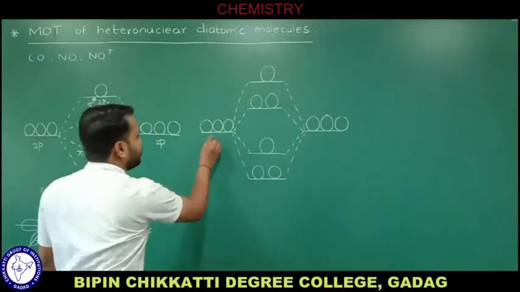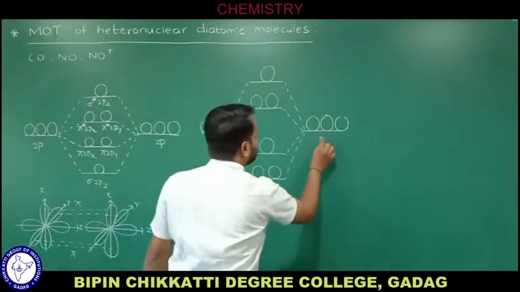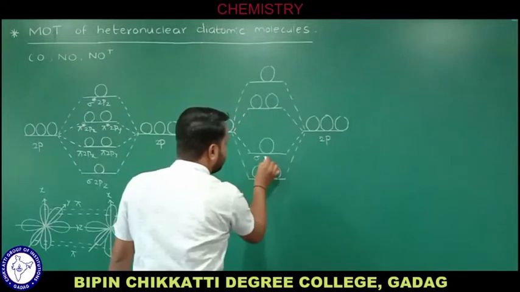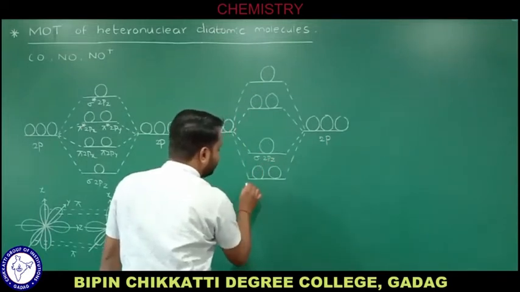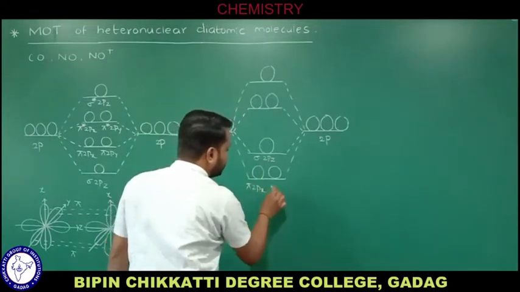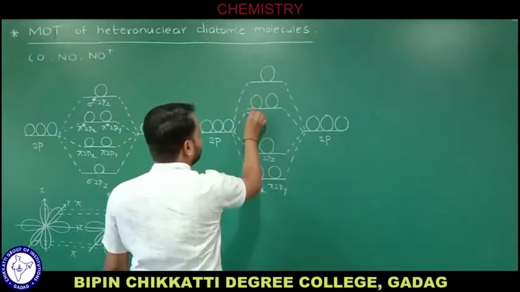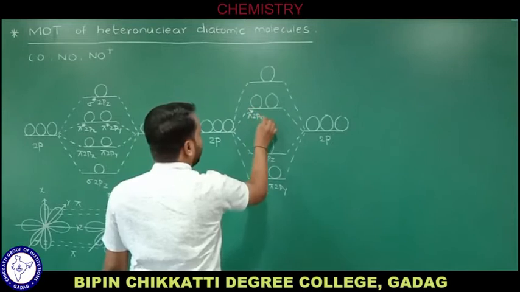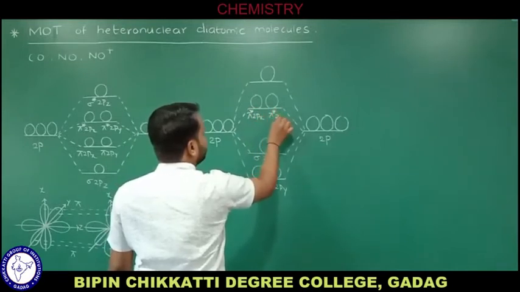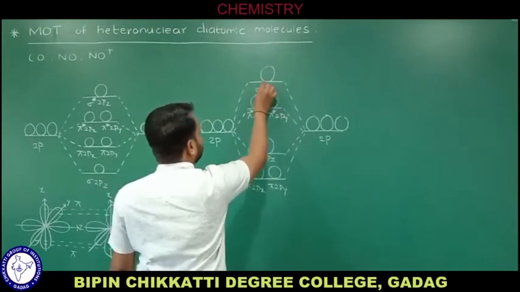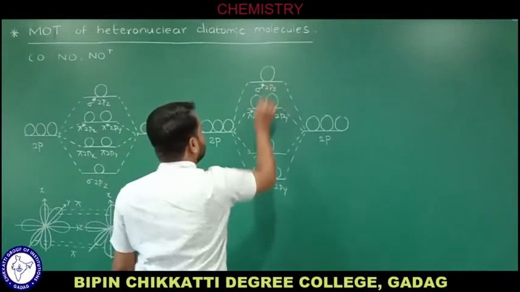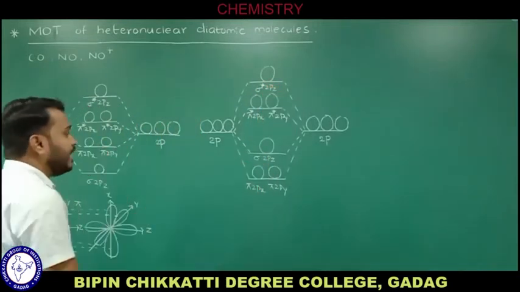For your reference, let me name this 2p and this 2p, and here it is sigma 2pz, and this will be pi 2px and pi 2py. Of course these will be the same thing: pi star 2px, pi star 2py, and sigma star 2pz. So this is for the lighter molecules.